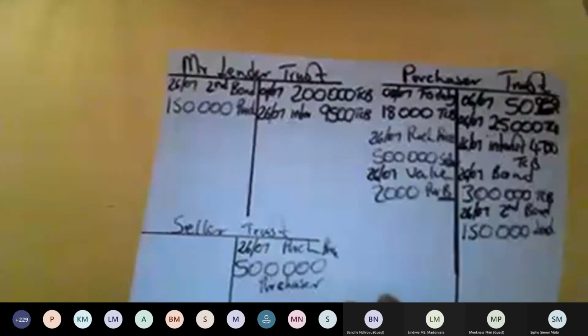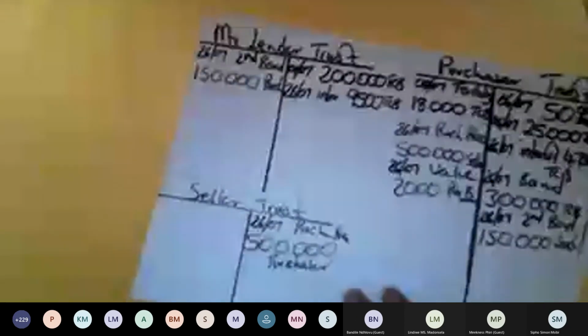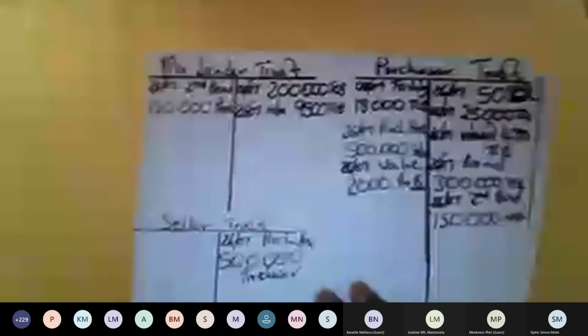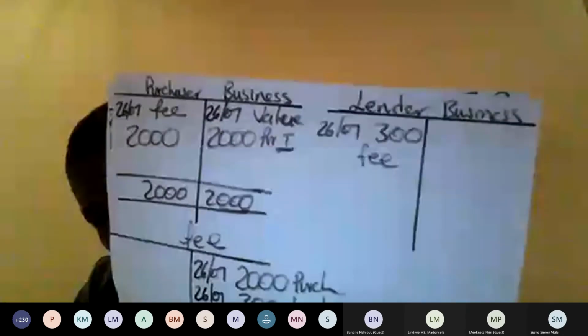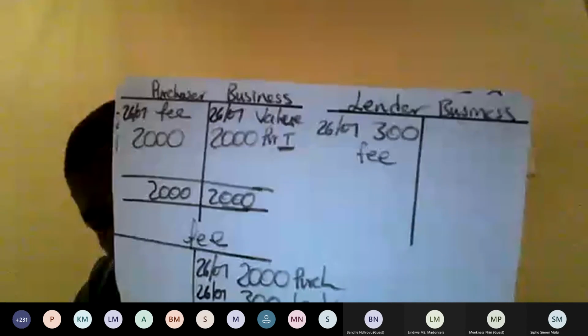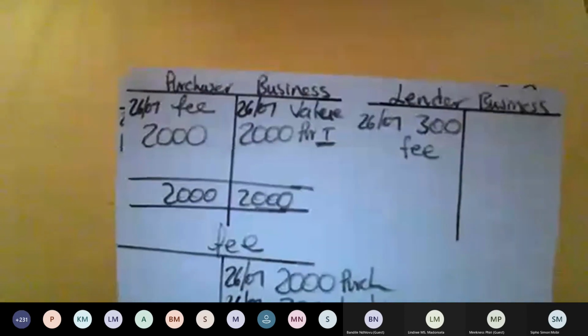You are going to credit the purchaser's business ledger account with the same amount of 2,000 rands.